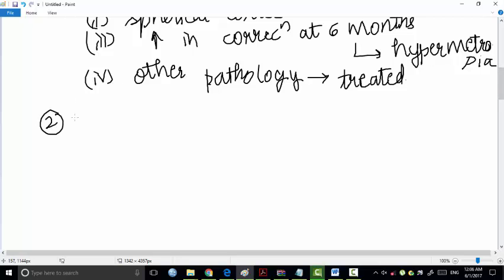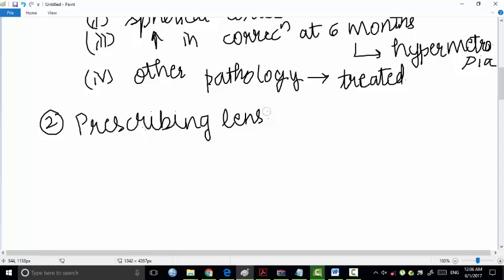And the second is prescribing lens. So what type of lens do you prescribe? Lens mode, right?